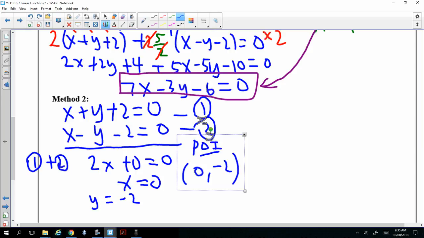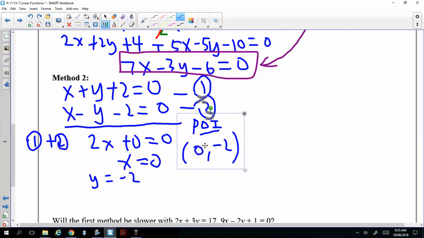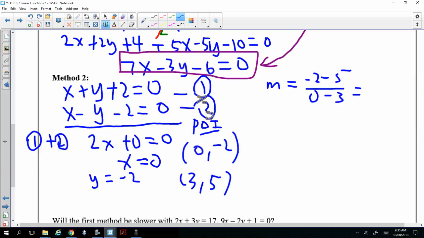Find the gradient. So write m, gradient of the line. m equal to -2 minus 5 over 0 minus 3, which is 7 over 3, right? And then point-gradient form. y minus y1 equals 7 over 3 times x minus 3, right? And then what do you get?